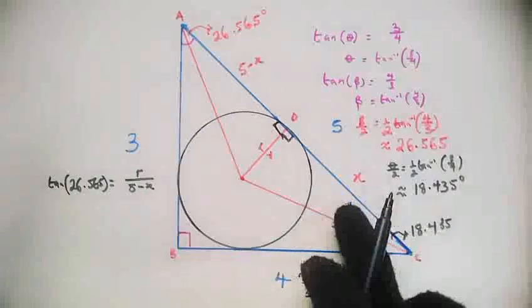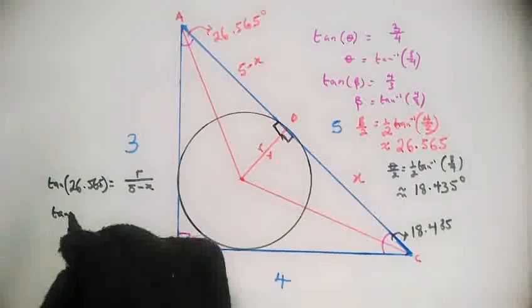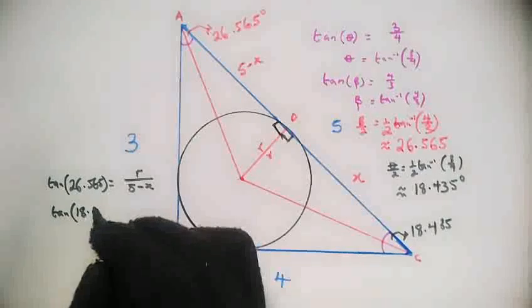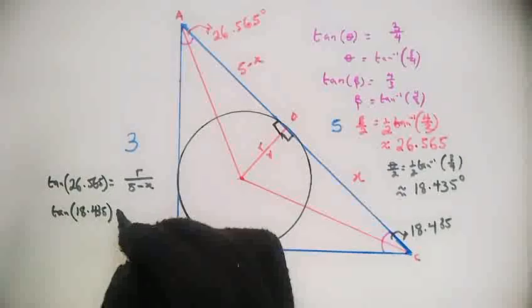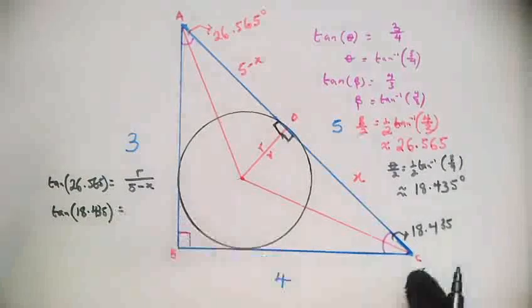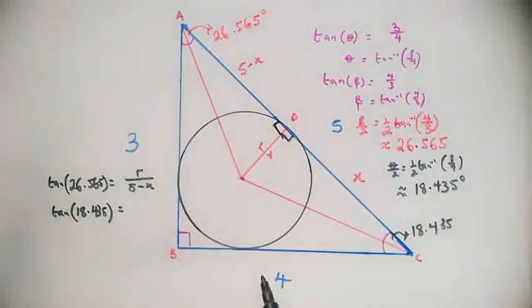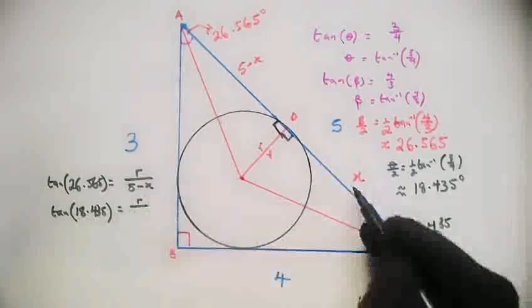And in the triangle here, with the right angle here, we have tan of 18.435 degrees is equal to opposite over adjacent, so that is radius all over x.